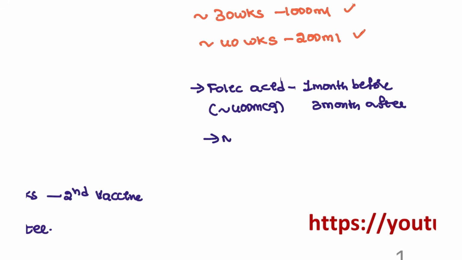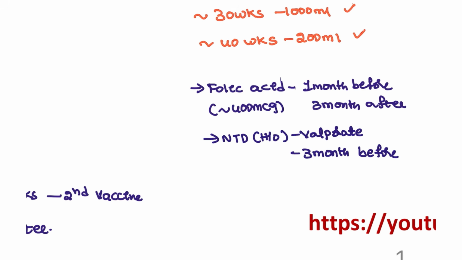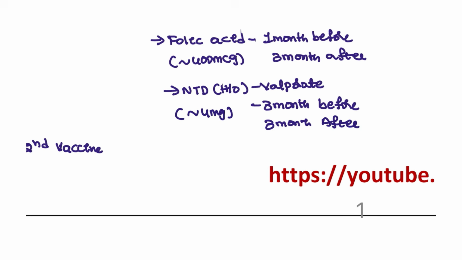But if the mother has a history of NTD, neural tube defect, or the patient is on valproates, anti-epileptic agents, for these patients it has to be started 3 months before and 3 months after. And how much do we have to give? Here we have to give 4 mg per day.